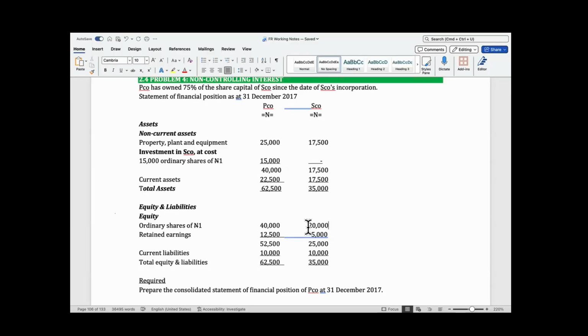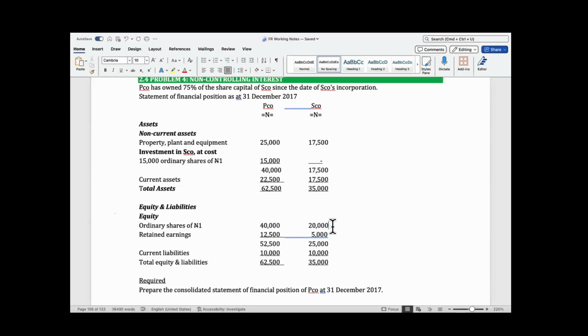Any uncancelled item in share capital belongs to outsiders. Any uncancelled share capital of the subsidiary belongs to outsiders, meaning it is owned by other investors in the subsidiary, and they are not part of the group because the group is the parent and the subsidiary.